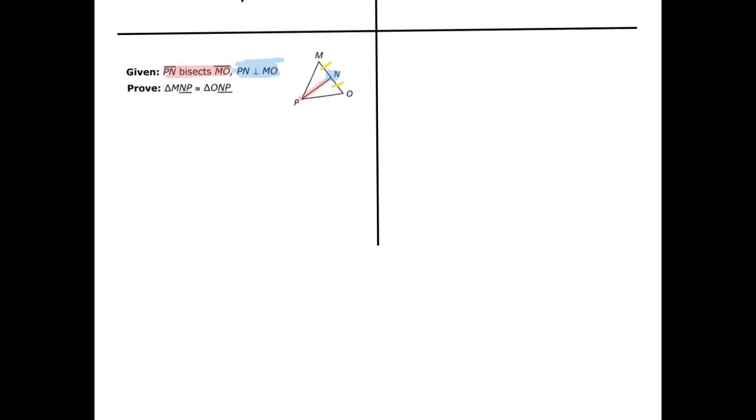So I'm going to go side angle side, just like we did before, and I'm going to begin with the first given, which has to do with that bisecting, and I'm going to work my way to side angle side. I'm going to start with my statements on the left and my reasons on the right.